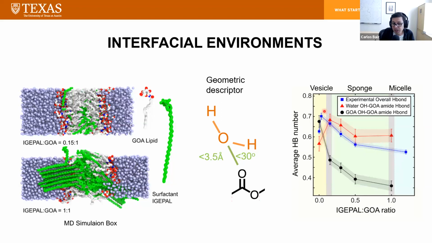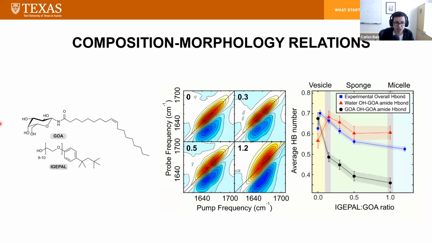So one thing we can do with the MD simulation, which we cannot do with the experiment, is separate the hydrogen bonds to water from the hydrogen bonds to other head groups, right? Coming back to the structure, you can see that there are a lot of OHs that are part of the head group here. Because of that, this carbonyl can hydrogen bond to the neighboring lipid OH.